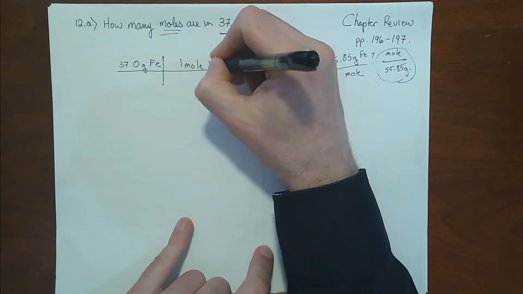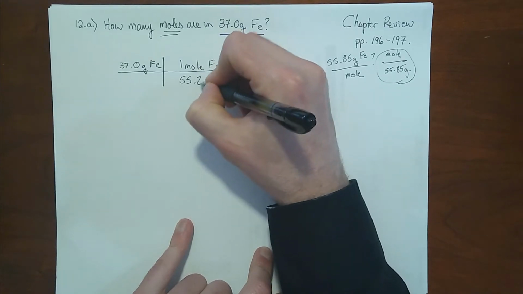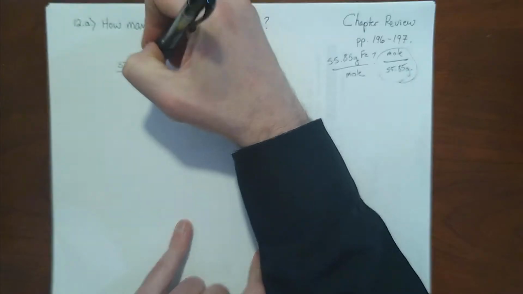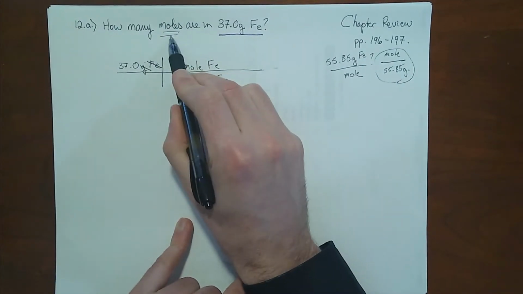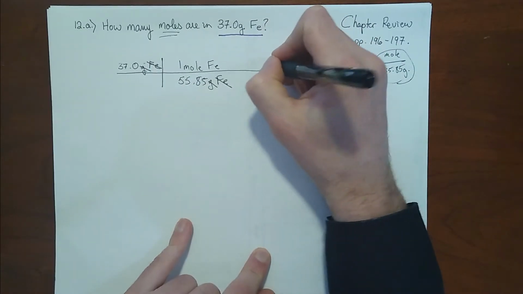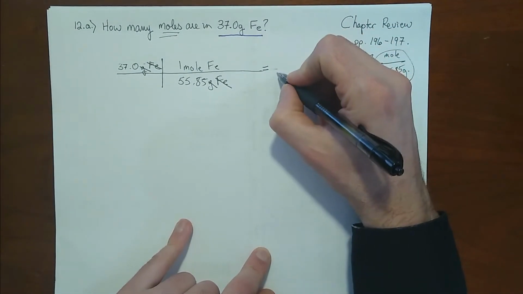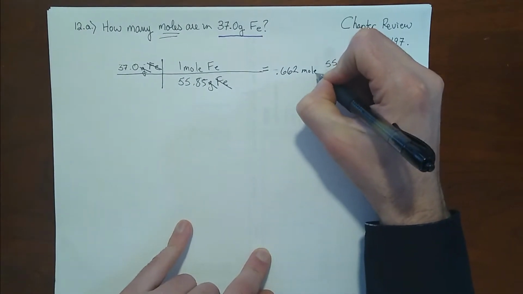So 1 mole of iron is equivalent to 55.85 grams of iron. And now I've canceled the units that I am starting with, and I am ending with units that I want to get to. So everything is set up correctly here. And if I do the calculation, you'll find that it comes out to be 0.662 moles of iron.